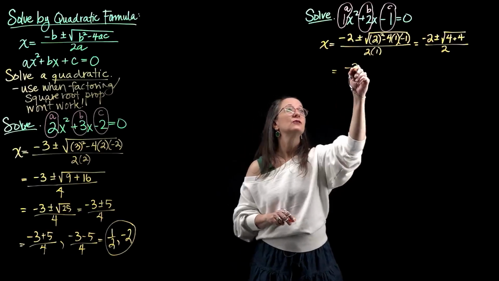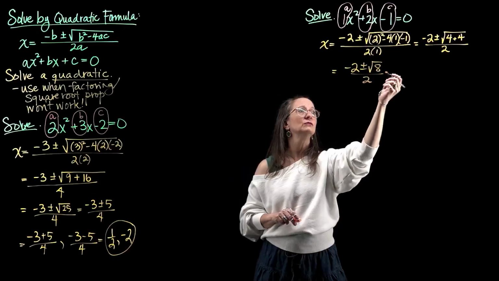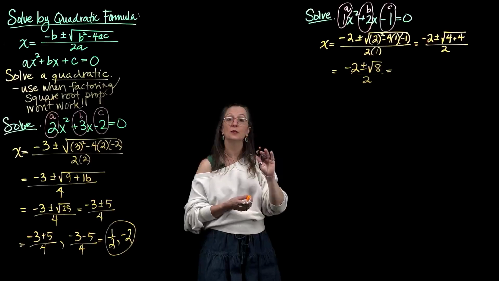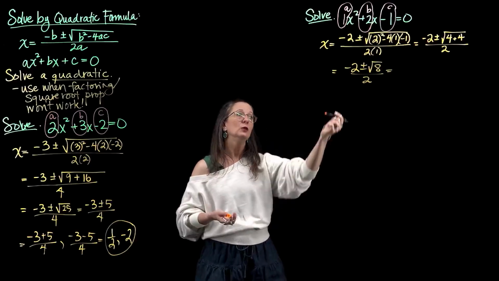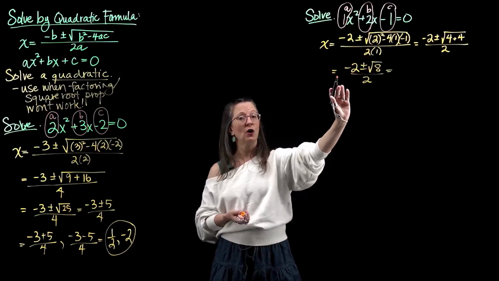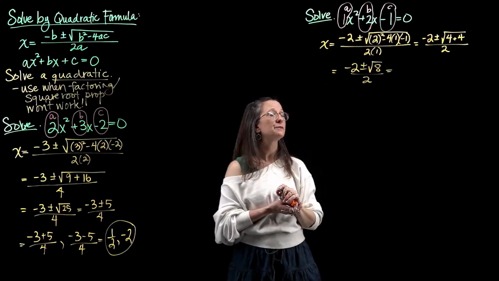So negative 2 plus or minus the square root of 8 over 2. We want to be really careful in how we simplify this. If you struggle with these, you might want to look back at my video called the heart method. This will help you to evaluate these.